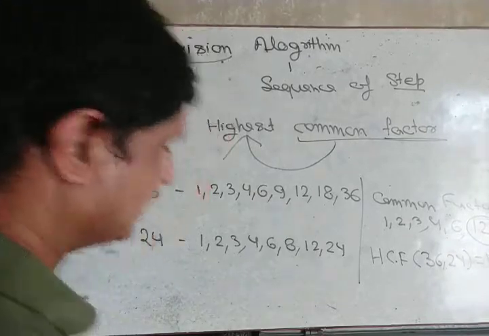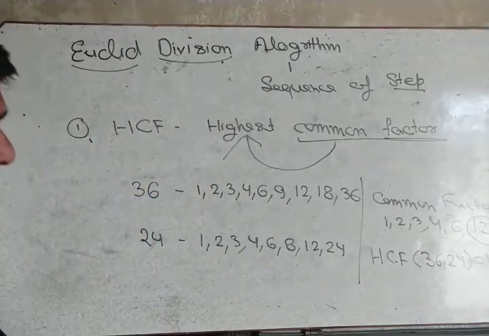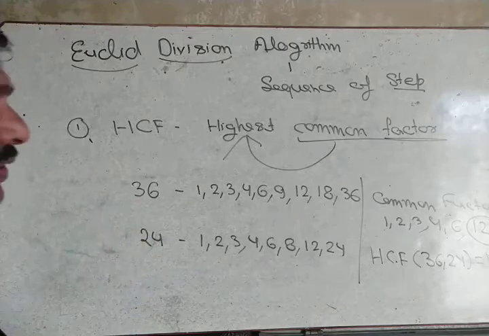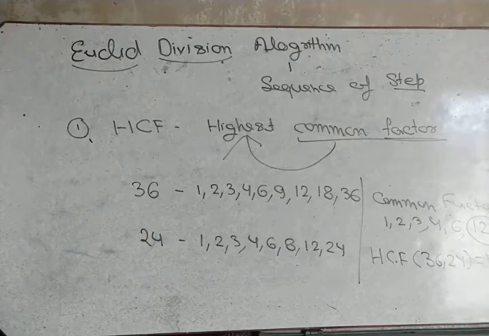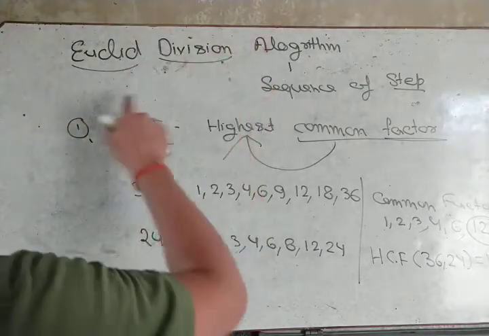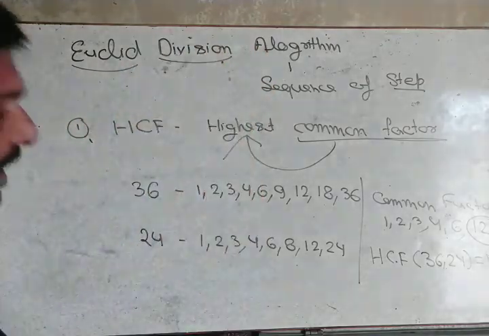So let us see how we calculate the HCF of 36 and 24 by applying division algorithm, that is called Euclid division algorithm.